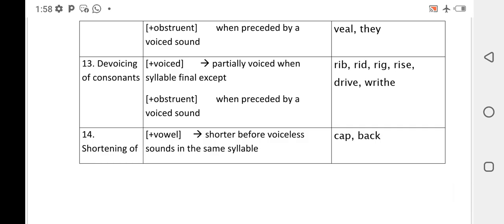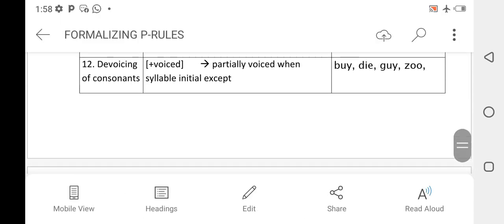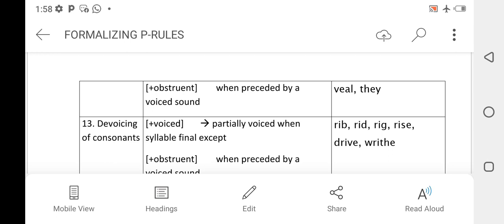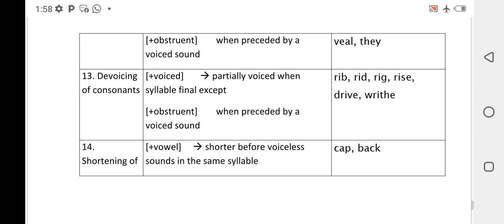Now we have the voicing of consonants again. Still voiced obstruents, partially voiced when at syllable final position. The other part is when they are at syllable initial position. Here is when they are at syllable final position, except when preceded by a voiced sound. So we have rib, read, rig, rise, drive, reese. Okay, this is reese, or to reese in pain.